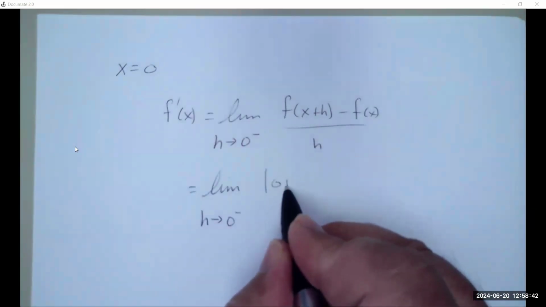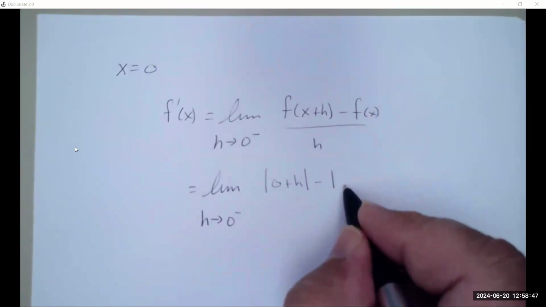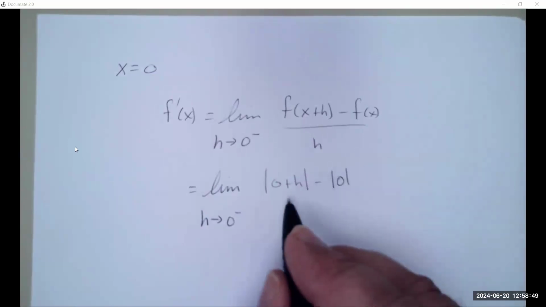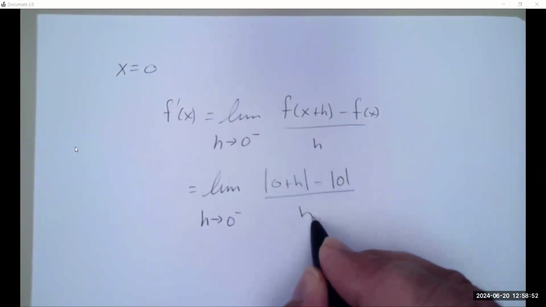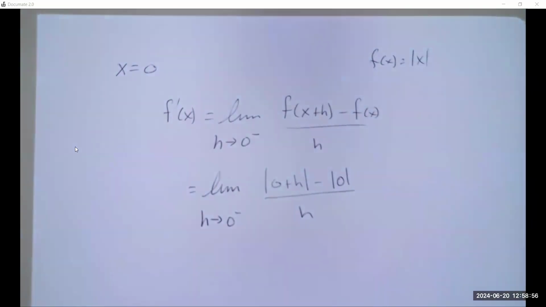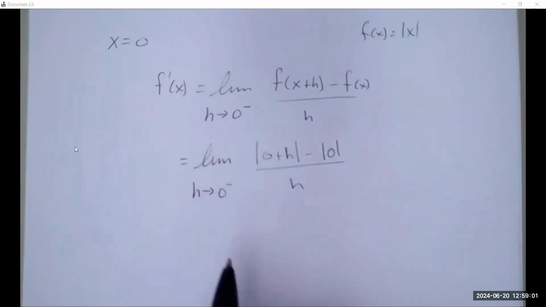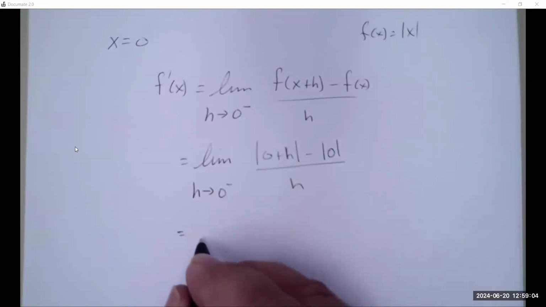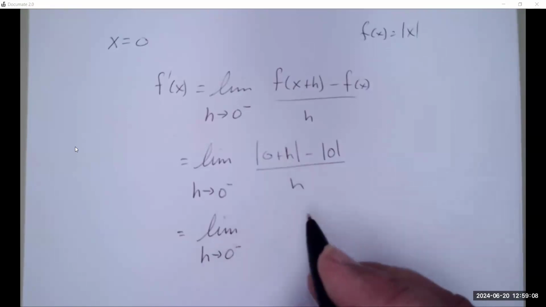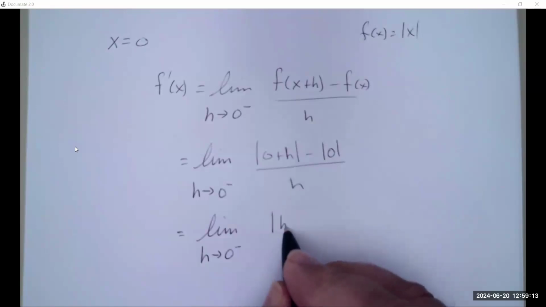X is 0, so I have 0 plus h minus 0. But remember, the function was absolute value of x. The limit as h approaches 0 from the left. H, so this is h minus 0, that's gone.